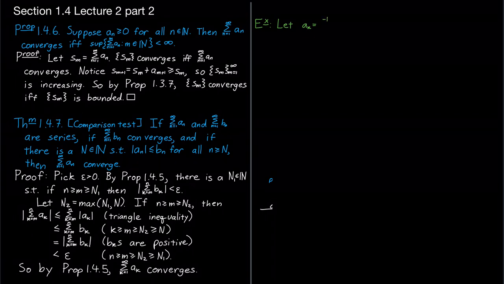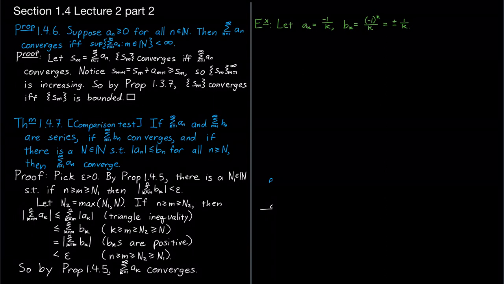So let's let AK be minus 1 over K. And then BK is minus 1 to the K over K. So BK is either plus or minus 1 over K. Then we've seen these before.